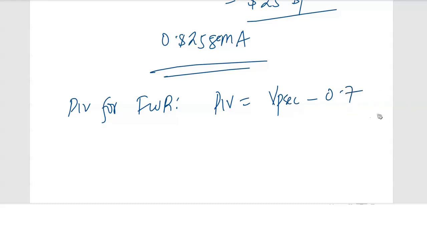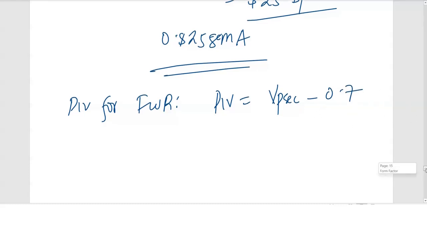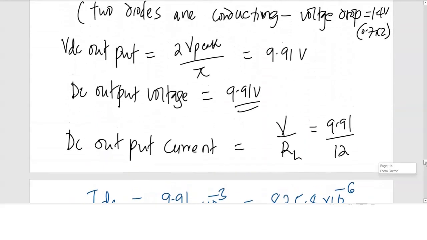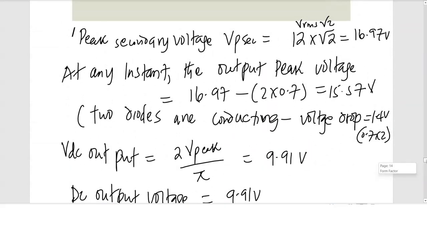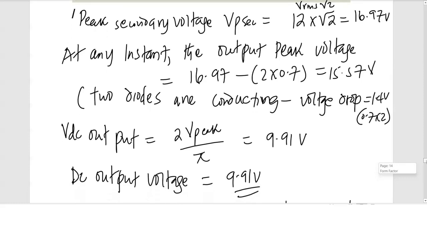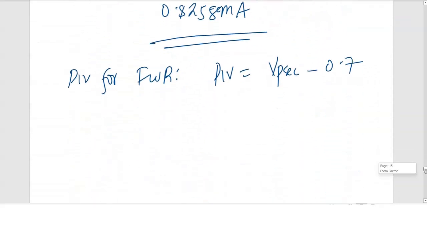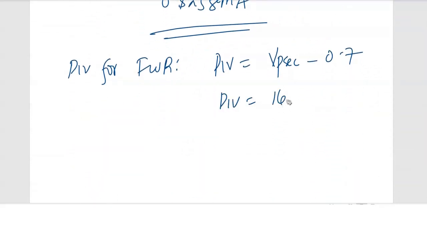Since they are real diodes, the V peak secondary, the secondary peak, is 16.97. So the PIV will be 16.97 minus 0.7. That means the PIV rating of the diodes must be greater than 16.27 volts.